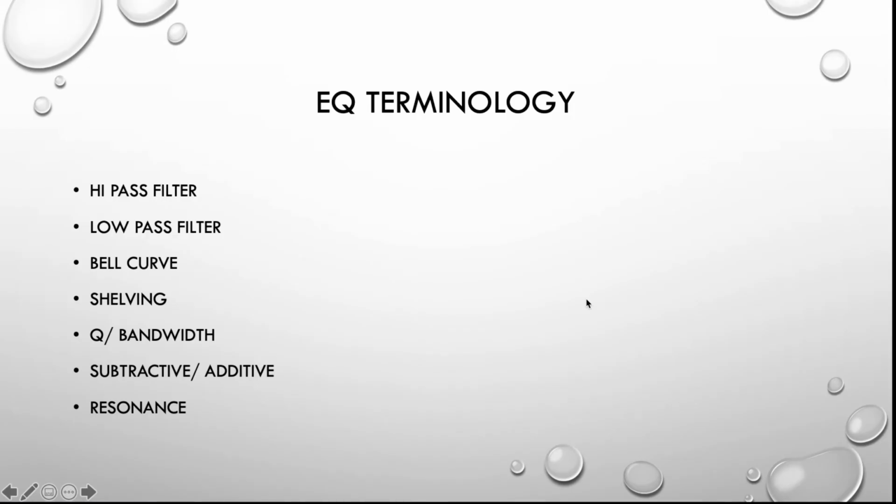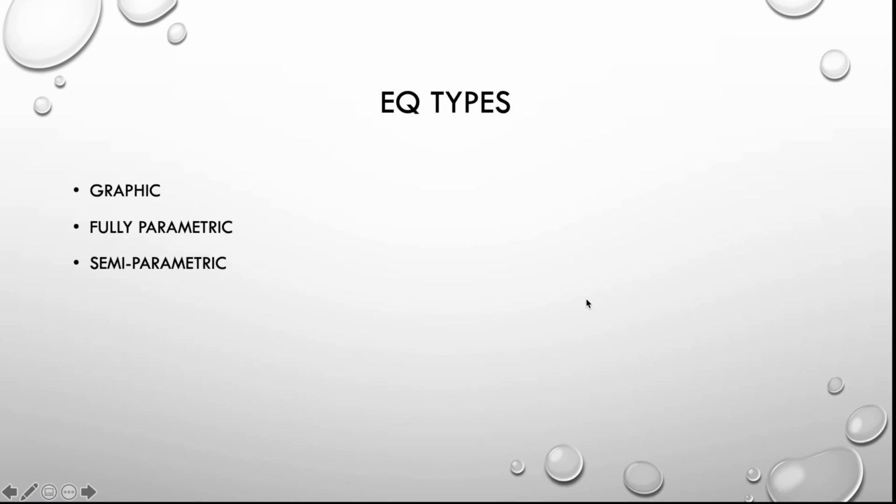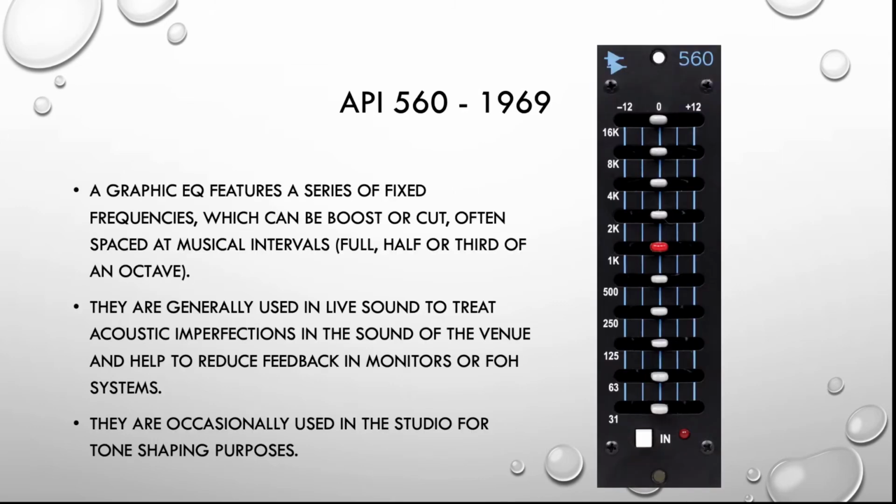So we've looked at some EQ terminology there. I now wanted to move on to different EQ types, and then we're going to start discussing the pros and cons of working with analog EQ. So graphic EQ. This is an example of the API 560, which was first conceptualized in 1969. Graphic EQs are a lot more common in live sound practice.